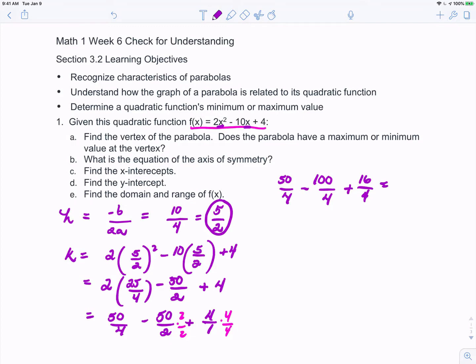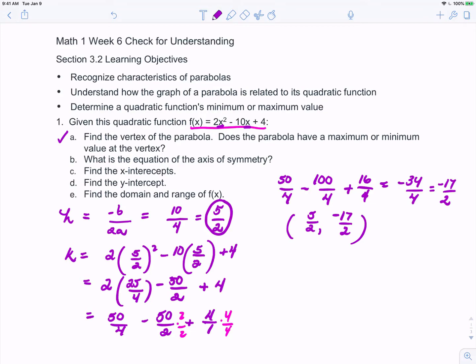That's 50 minus 100 plus 16, which is negative 34 over 4. You could leave it like that, or you could reduce that and rewrite it as negative 17/2. So our vertex is the point 5/2, comma, negative 17/2. So that's the vertex of the parabola.